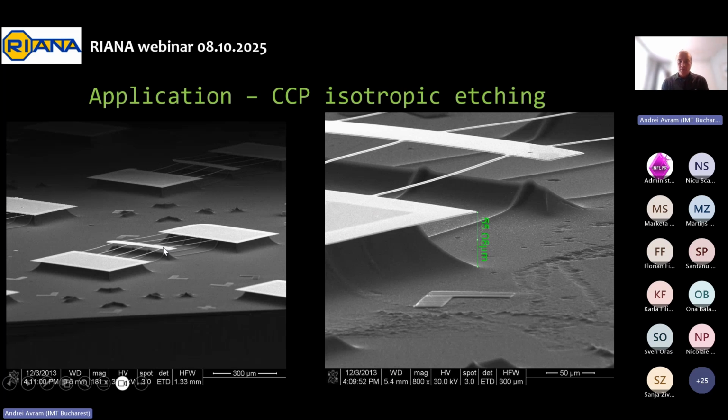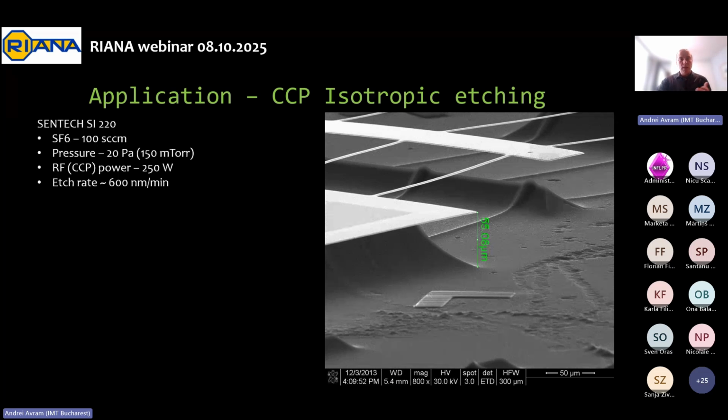By controlling the parameters inside the plasma, you can promote or negate the interactions of ions with your substrate, and you can get a perfectly nice isotropic etching of your device. In this case, we used the Zentech SI 220 etch lab.